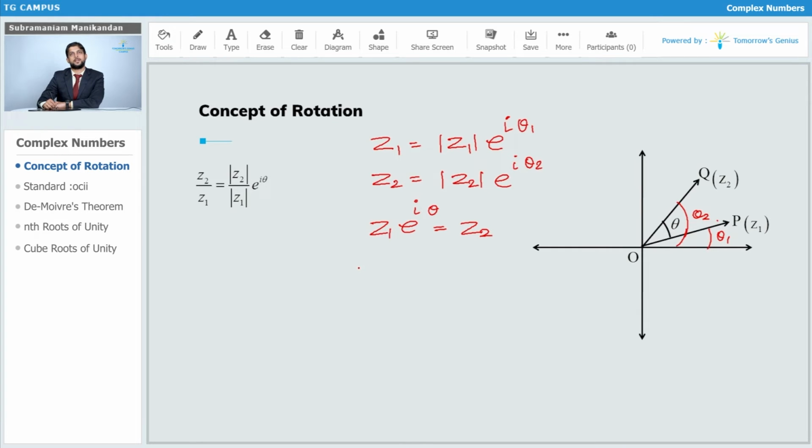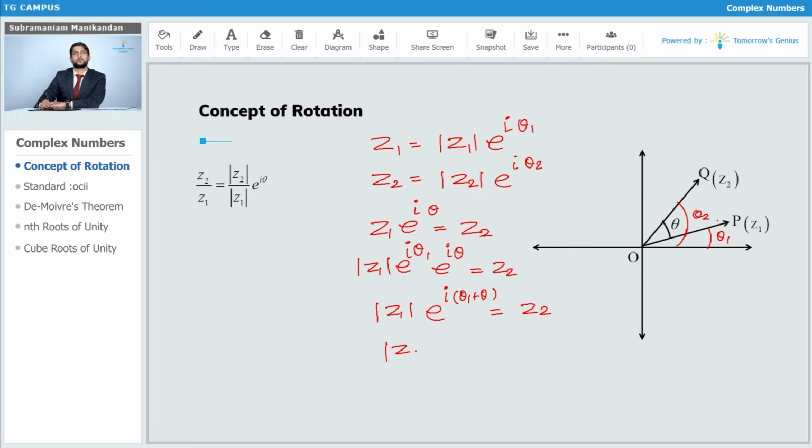Well, it's equal to magnitude of z1 times e to the power of i theta 1 times e to the power of i theta, is equal to z2. Now what is theta? Theta is the angle which is the difference between theta 2 and theta 1. So therefore I get magnitude of z1 into e to the power of i (theta 1 plus theta), which is equal to theta 2, which is equal to z2.